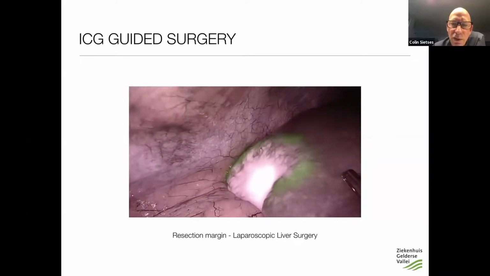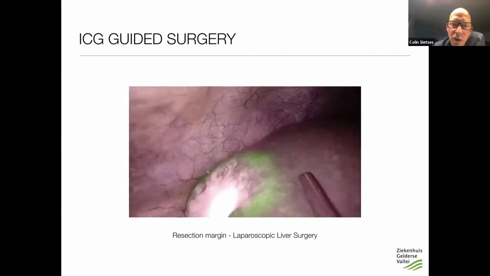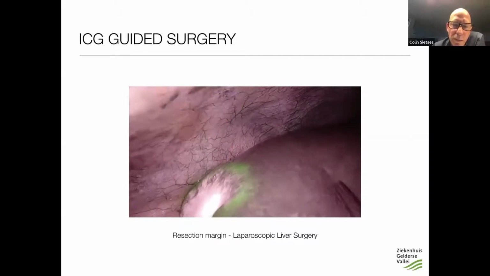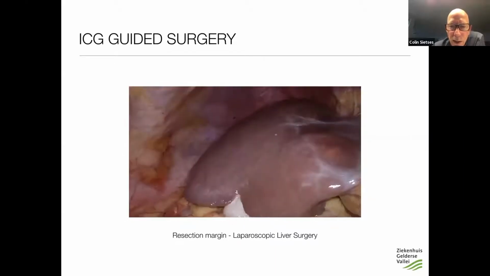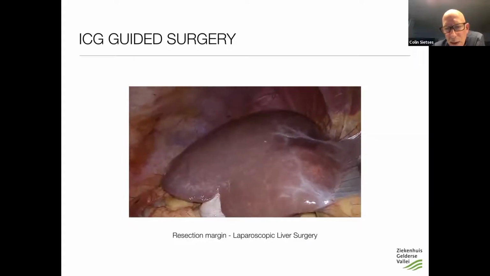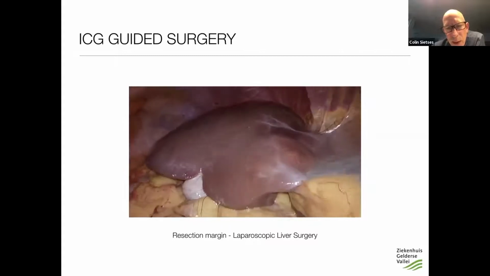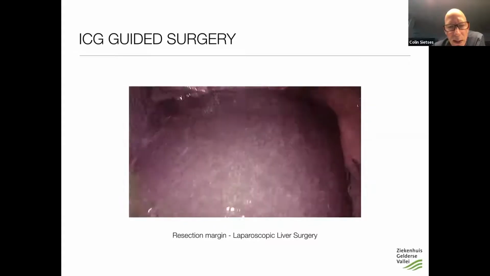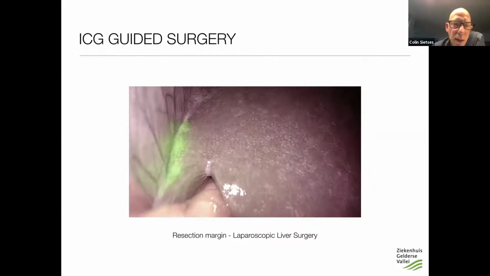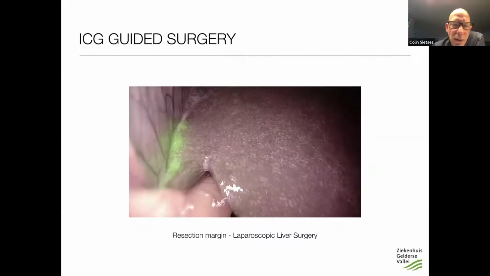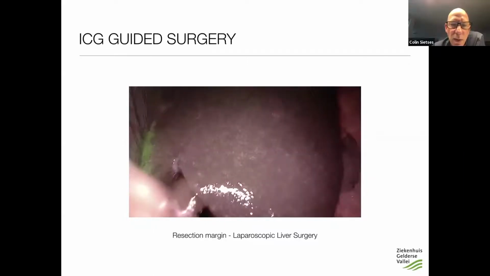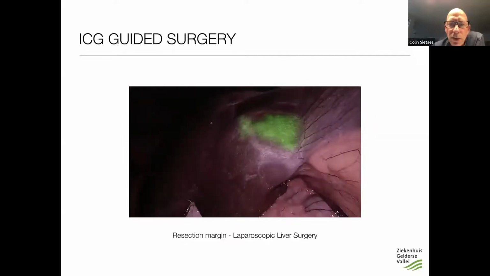Of course, you still have to use the ultrasound to get your margin clear, but it helps you. Here is a second metastasis in segment 4B, and it nicely shows that it extends beyond the ligament, and you have to consider it when you are doing your resection.